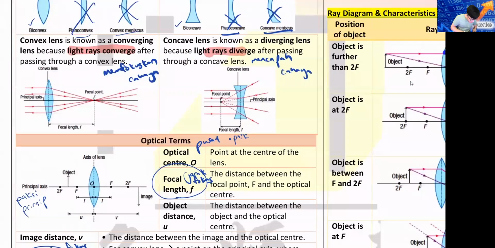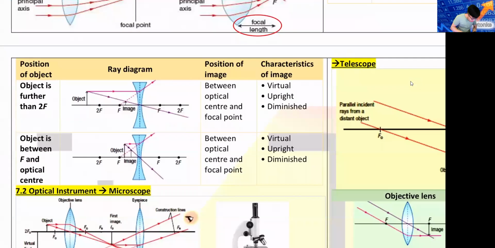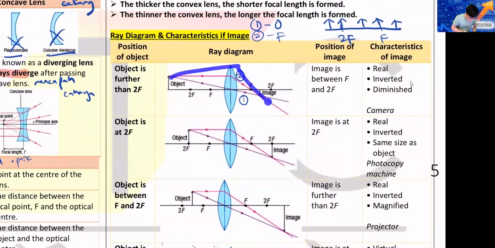Because remember, our convex lens is to focus our light onto one point. You bend in. Whereas later, your concave lens bends out. Here it is in, focuskan cahaya.